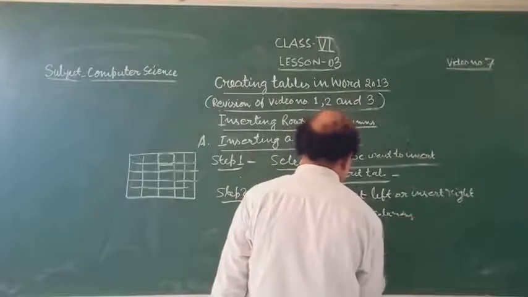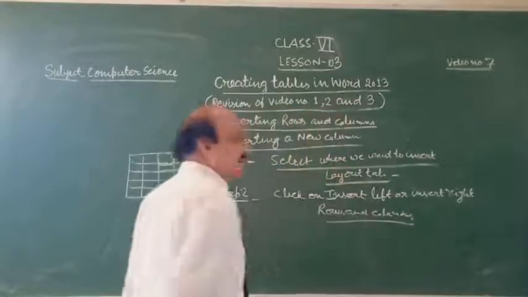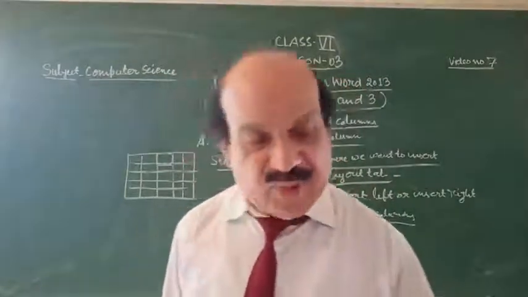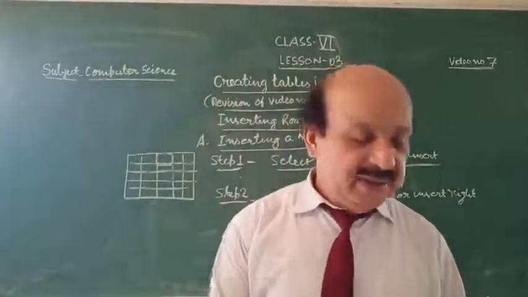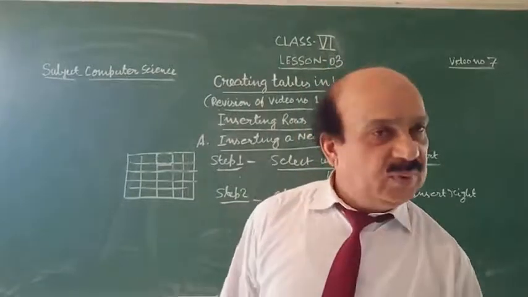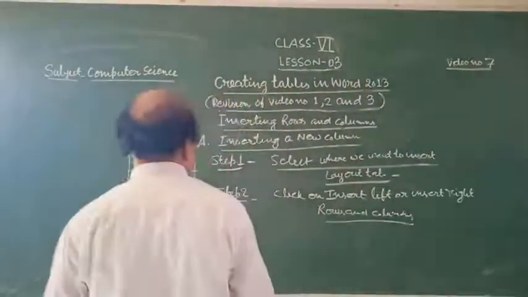So you can find where we have selected the cell, that cell will be inserted in the form of a column in the table. This is how we can insert a new column.